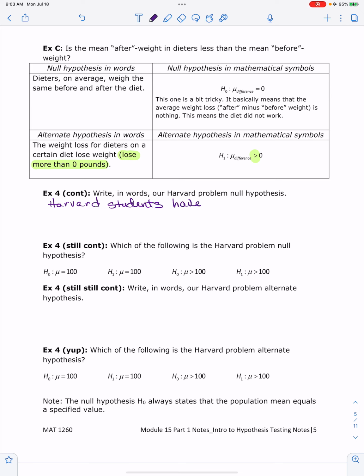Our null hypothesis would be that Harvard students have the same average or mean IQ as the mean IQ of 100 of the general population.